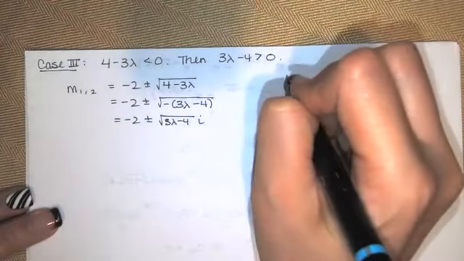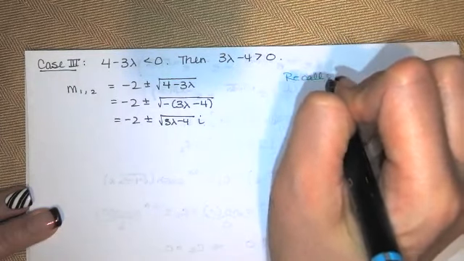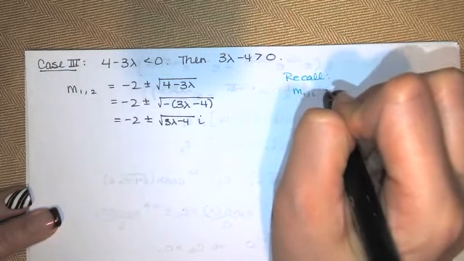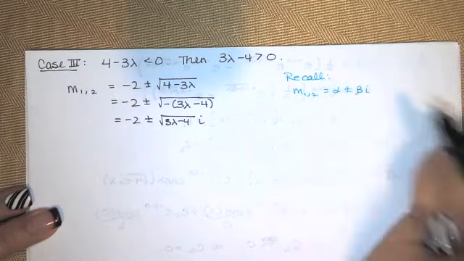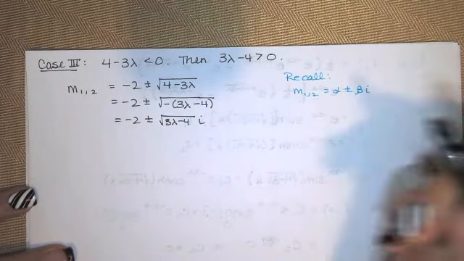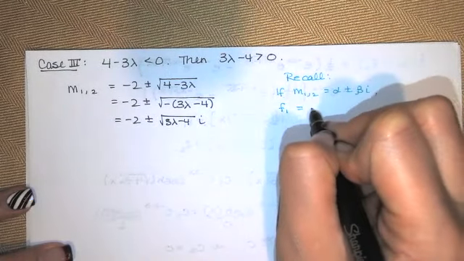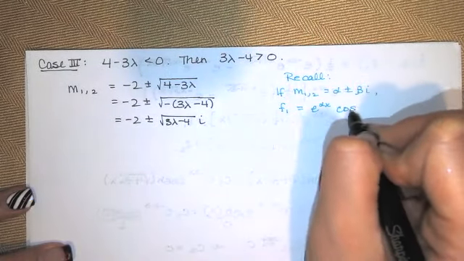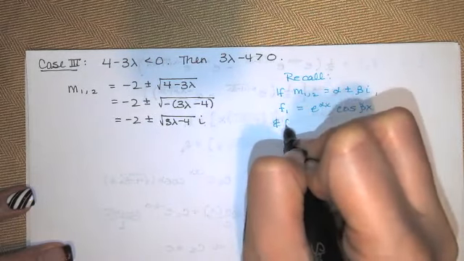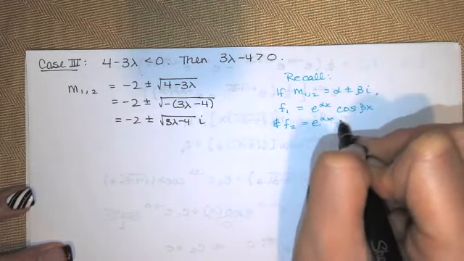Now recall from your ODE class that if M1 and M2 are complex conjugates alpha plus or minus beta I, the two linearly independent solutions are e to the alpha x cosine of beta x and e to the alpha x sine of beta x.